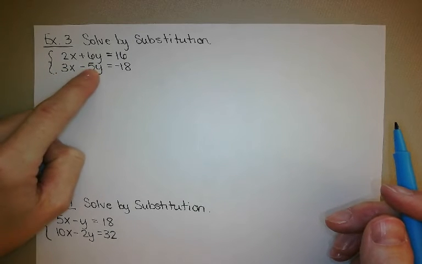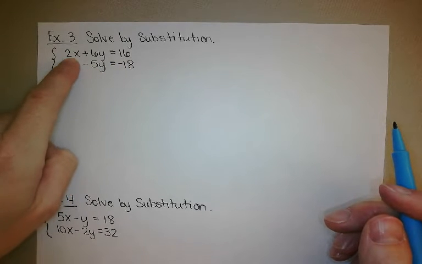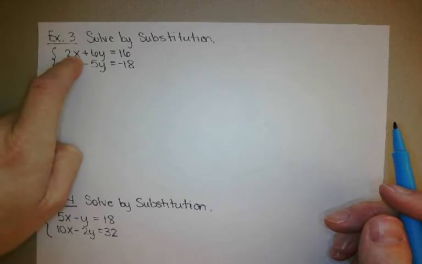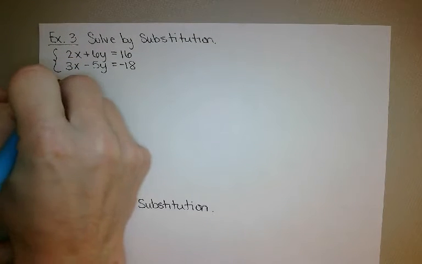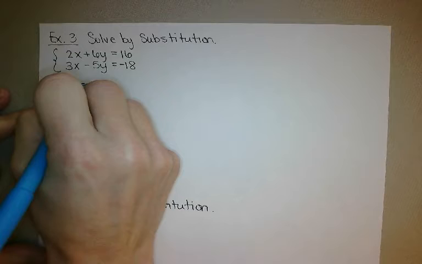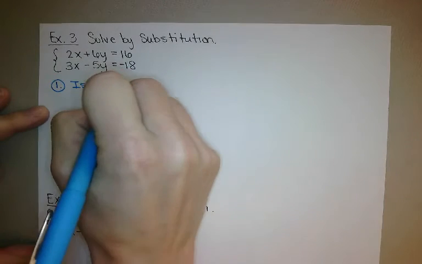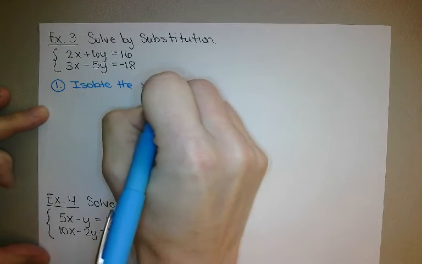And then if I wanted to solve for that variable, I would say, is everything here divisible by a 5? No. So we're going to go ahead and say, you know what, everything in the first equation was divisible by 2. So we are going to isolate the x term in the first equation.